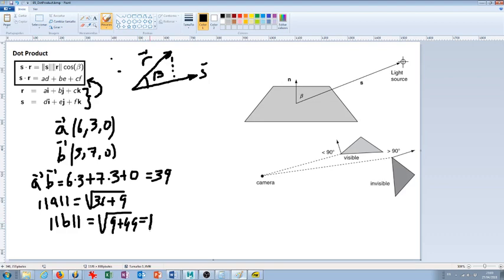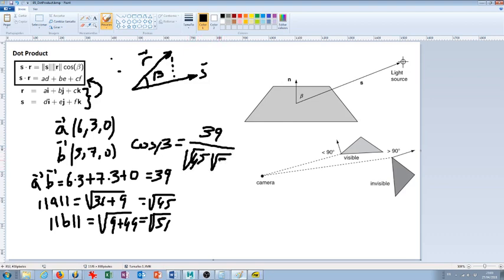So this is square root of 45, and this is square root of 58, and so we are able to calculate from this formula cos beta equals 39 over the product of the modules. So we have been able to calculate the angle between two vectors. That is a great thing to do.